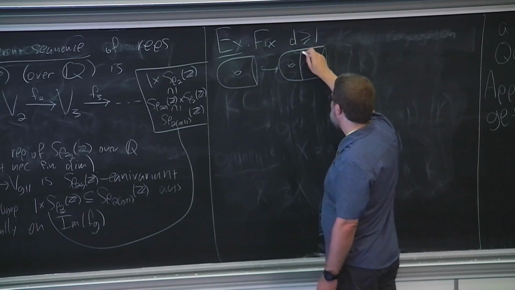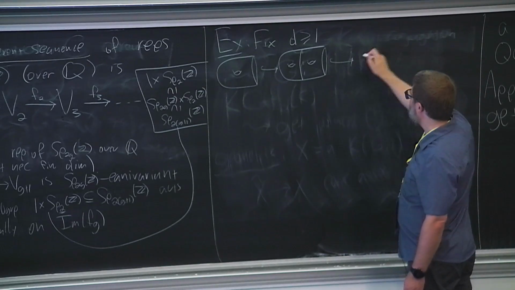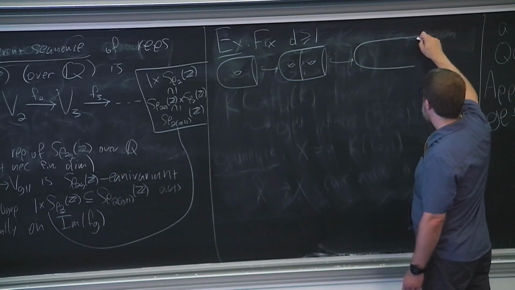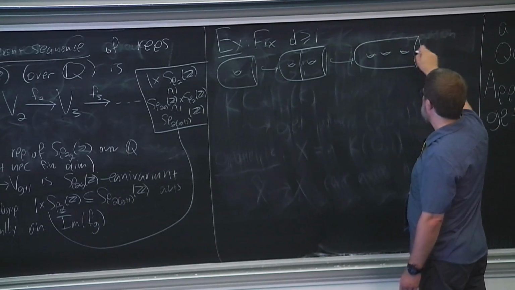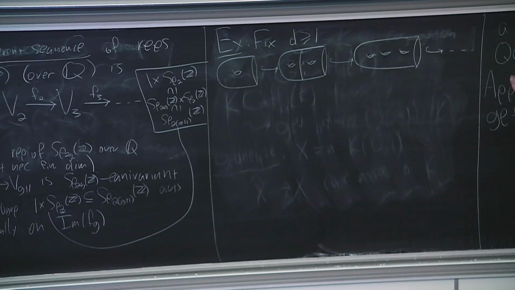Like this, right? This thing right here is going to embed inside a genus 3 surface. So we have a sequence of surfaces. We keep adding a genus to the right-hand side, one after the other after the other.